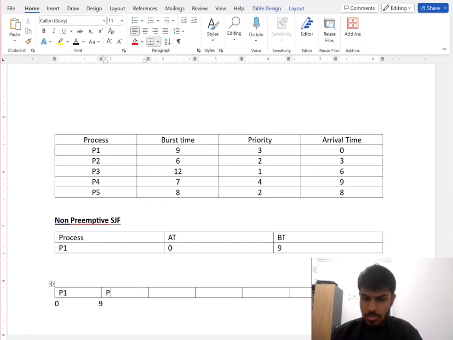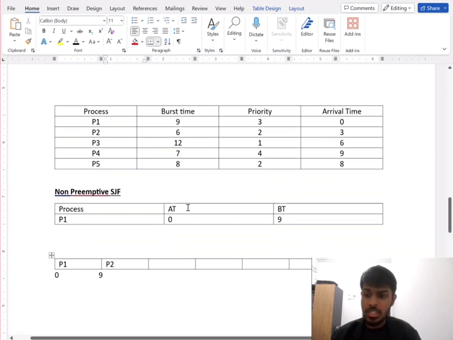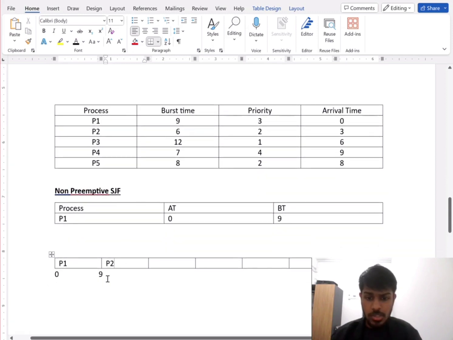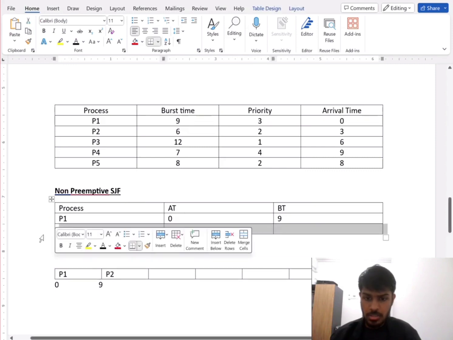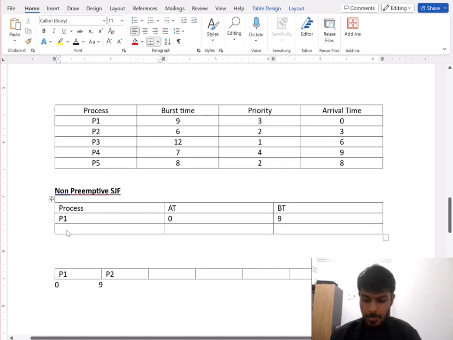And the next is P2. For non-preemptive SJF, we are looking at the lowest burst time. So P2 has the lowest burst time, 6. Arrival time 3, burst time 6.